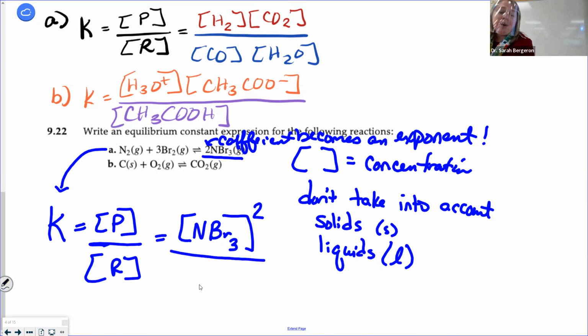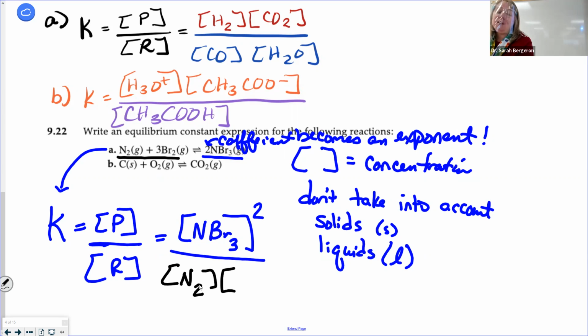Now, what are my reactants? I have my concentration of N2. Do I put that 2 as a subscript? Where do I put that 2? It's a subscript. It's telling you about the substance. Now you have to multiply if you have more than one reactant or product, right?